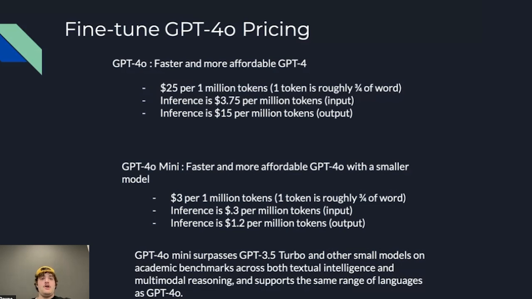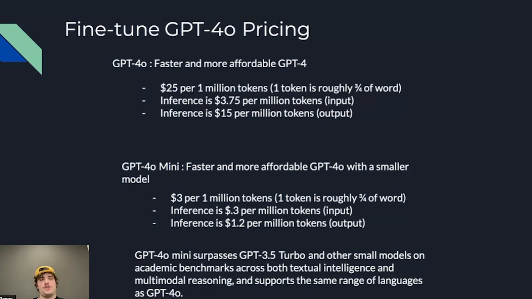GPT-4o mini, which is a faster, more affordable version of GPT-4o, is insanely cheap compared to that. Look at the cost comparison between these. $3 per million tokens for fine-tuning, 30 cents per million tokens on the input, and $1.20 per million tokens on the output.